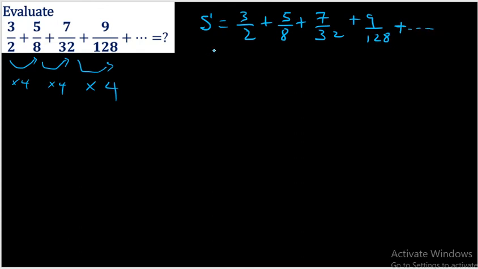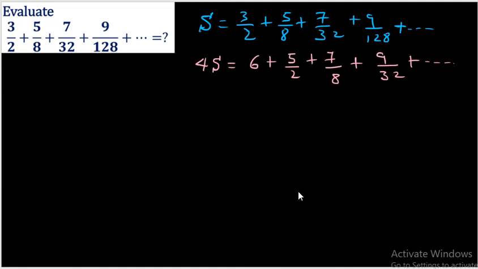So we multiply both sides by 4, because each denominator multiplied by 4 gives the next denominator. But don't forget the beginning is s; our objective is to find s.